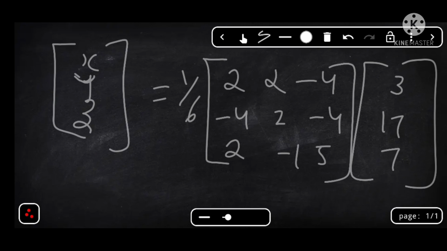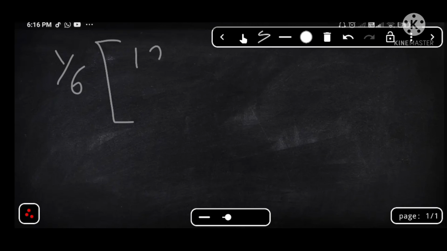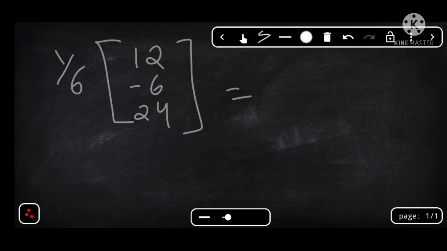Now just keep this 1 by 6 outside, then multiply the two matrices. Let's see what the answer is. When we multiply, we are going to get 1 by 6 times 12, minus 6, 24, which is equal to 2, minus 1, 4.